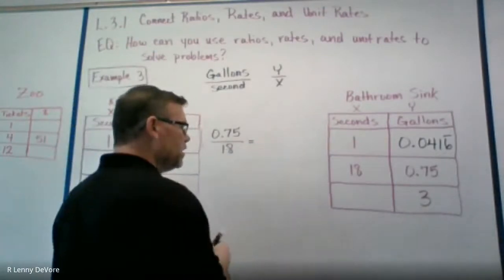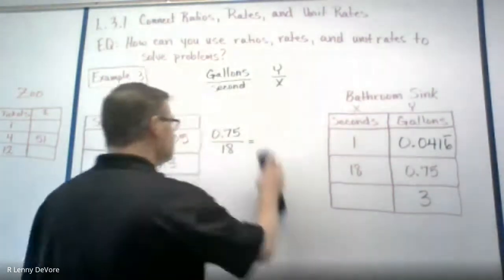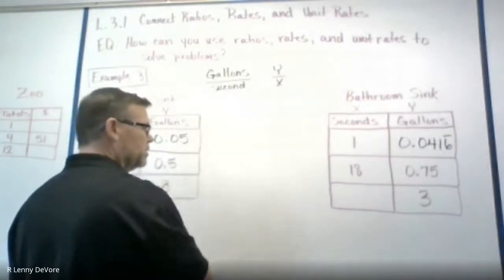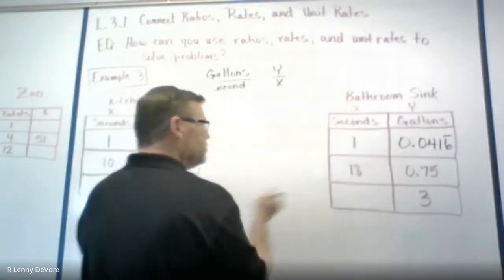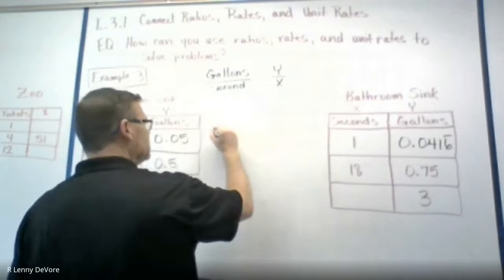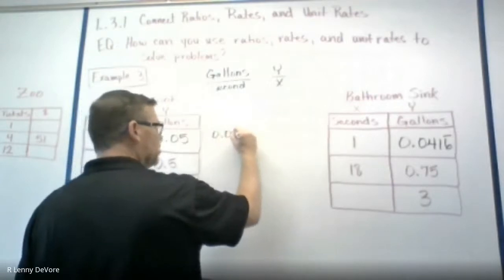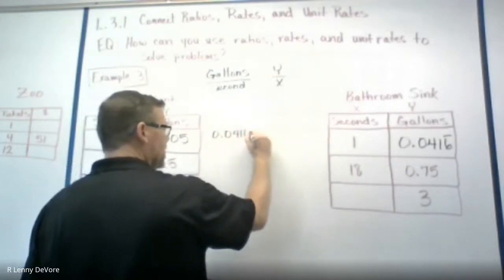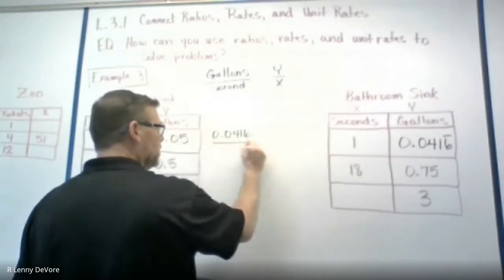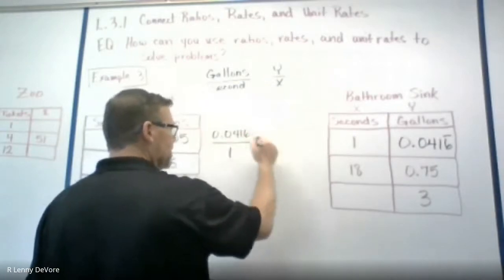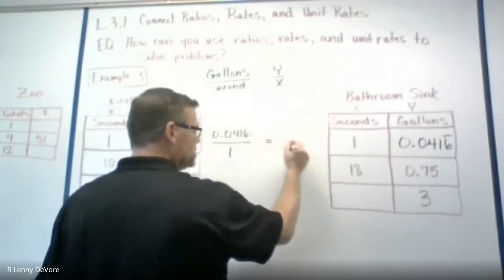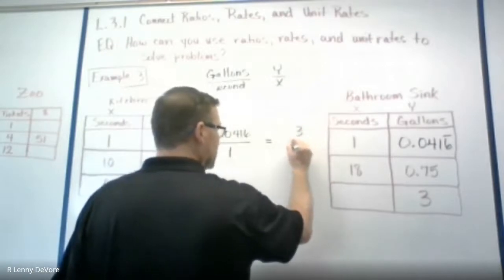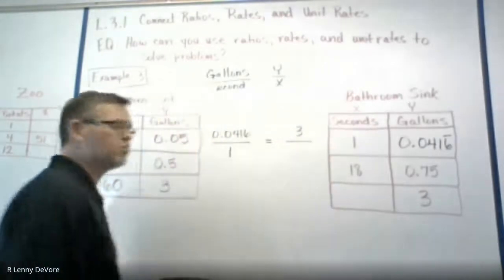Okay, so then I can go through and build a ratio table again. So in other words, if this is 0.0416 gallons in 1 second, what does it take to equal 3 gallons? Now, here's the point.